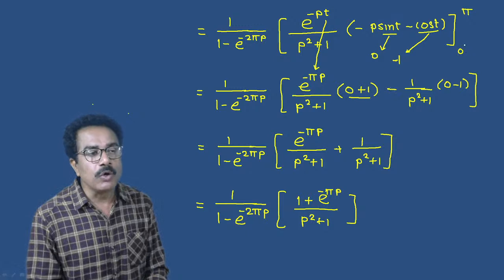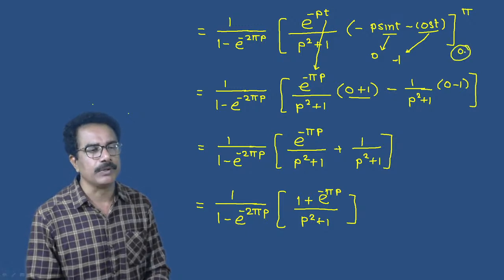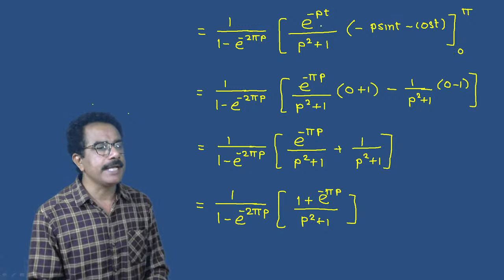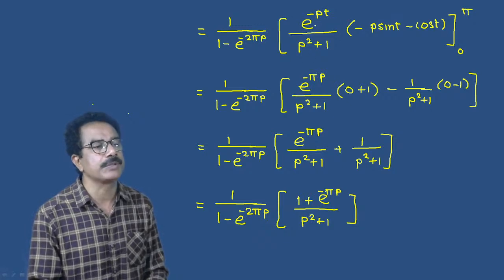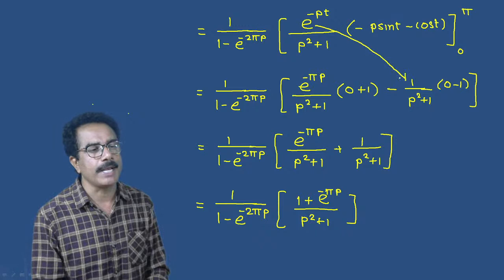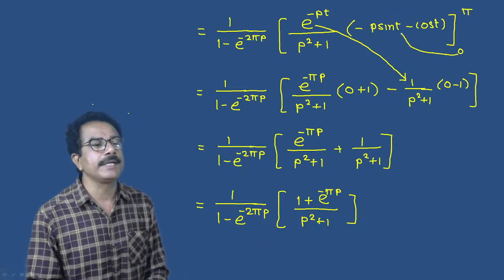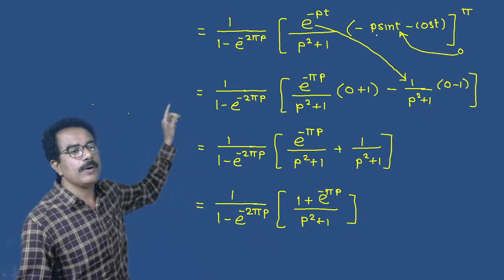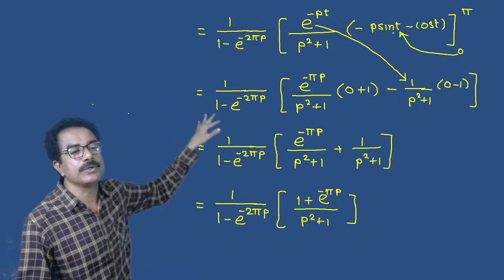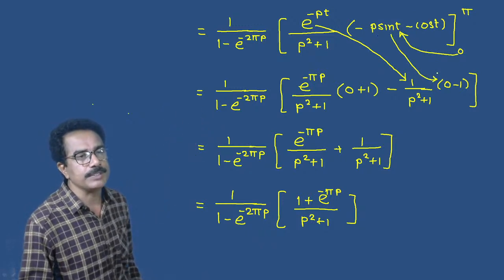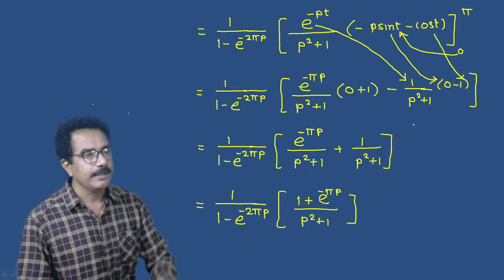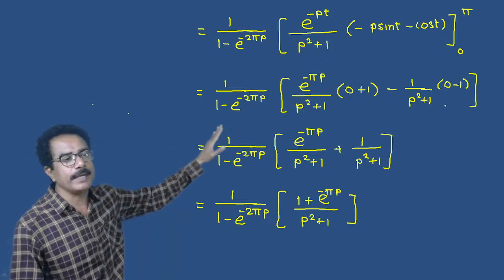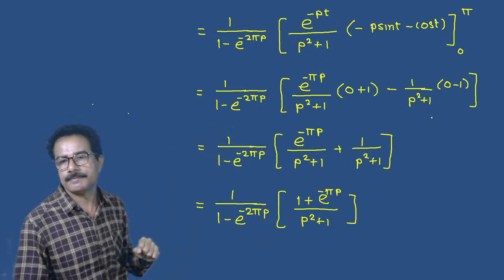Now if we put the lower limit 0, e raised to minus p into 0 means e raised to 0, which is 1, divided by p square plus 1. And minus p into sin 0 is 0, and cos 0 is 1, so it will be minus 1. So after putting the upper and lower limits, we get these values.